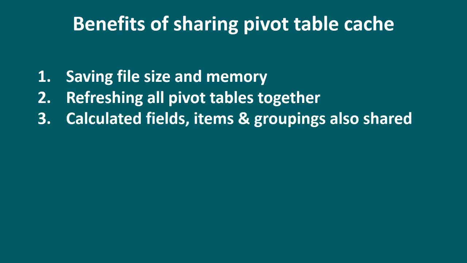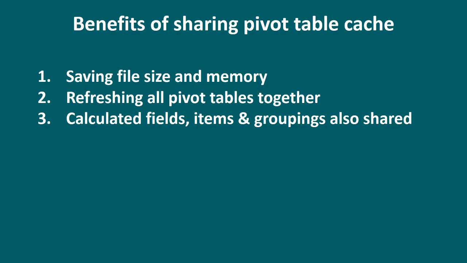Sharing pivot table cache means sharing all the calculated fields and calculated items. When you share a pivot table cache, you also share all the calculated fields and calculated items, as well as any grouping done in any one pivot table. All these things are available to all other pivot tables too.